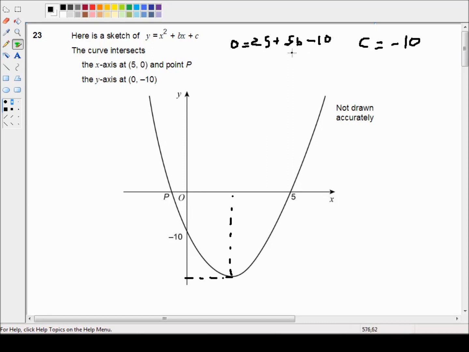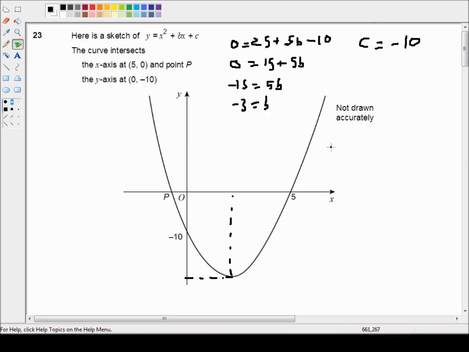Well, 25 minus 10 is 15, so 0 is equal to 15 plus 5b. So if I take the 15 over, I've got negative 15 is equal to 5b. Divide both sides by 5. Negative 3 is equal to b. So b is equal to negative 3.